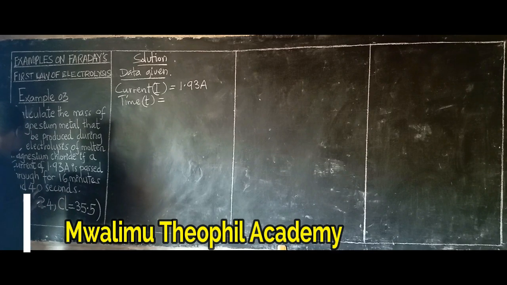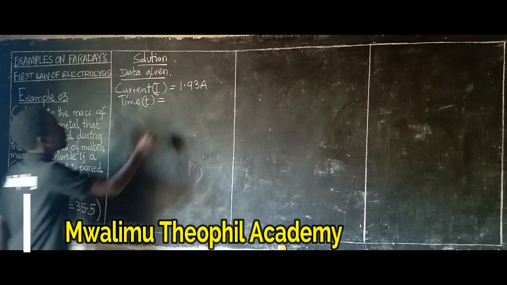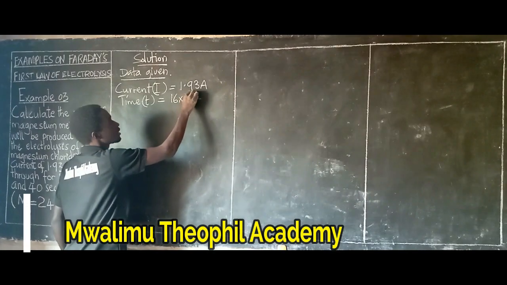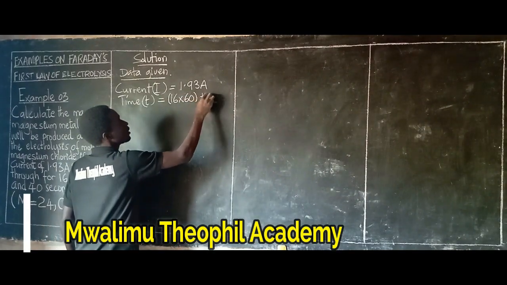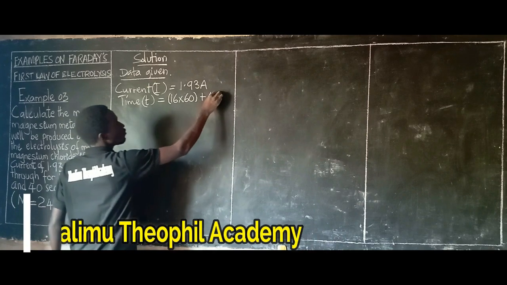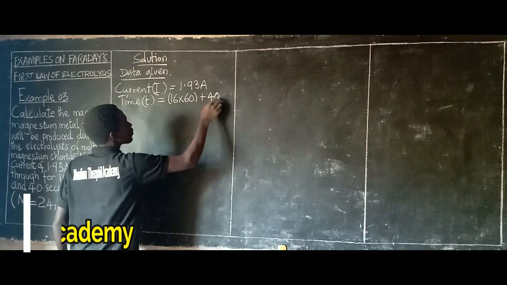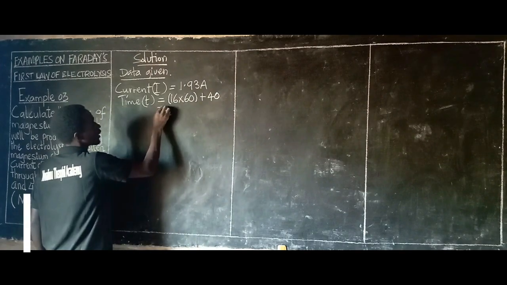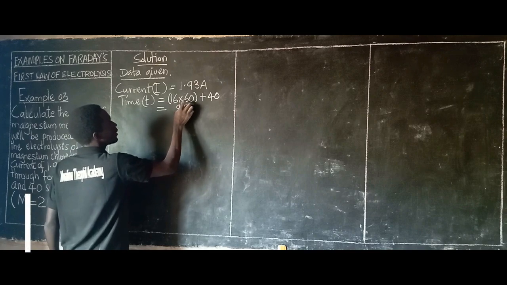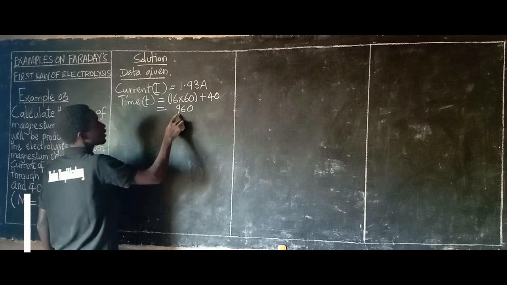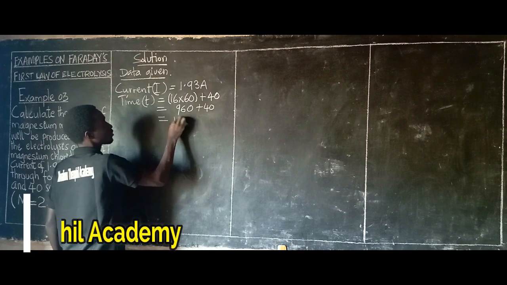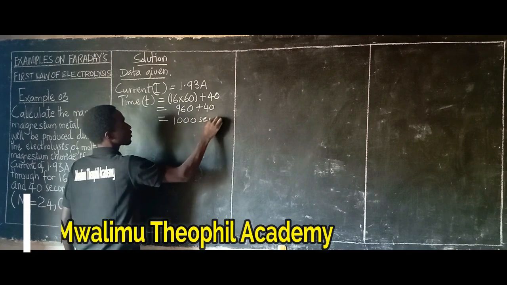When you convert the minutes into seconds, you have 16 minutes times 60, which gives seconds, and the answer obtained is added to 40. All of them will be in terms of seconds. When you multiply this, you get 960 plus 40, which is equal to 1,000 seconds.